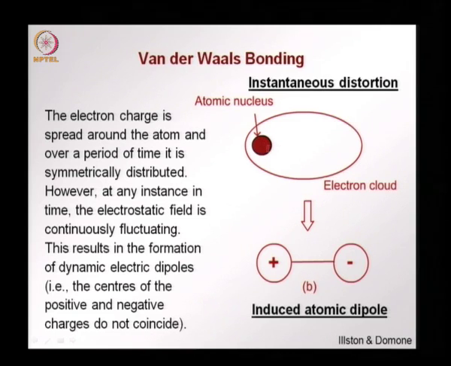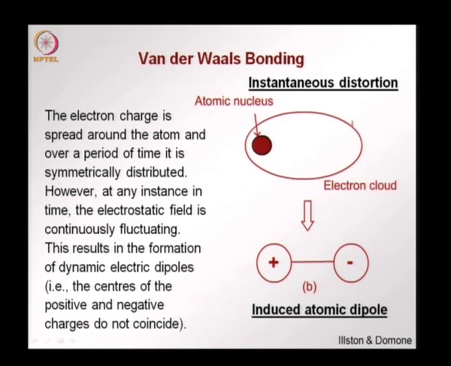So, the center of the positive charge and the center of the negative charge do not coincide at any particular instant of time, and this induces what we call an atomic dipole, where the positive charge center and the negative charge center are separated by a certain distance, giving rise to this dipole.